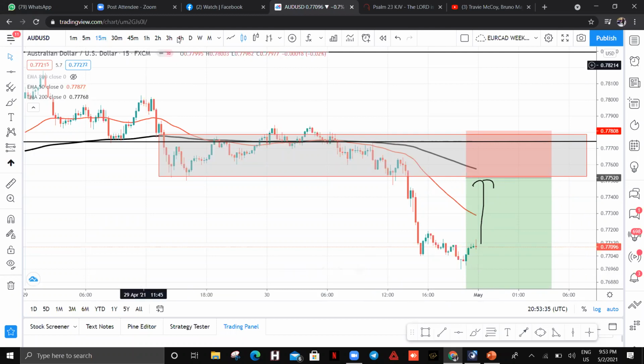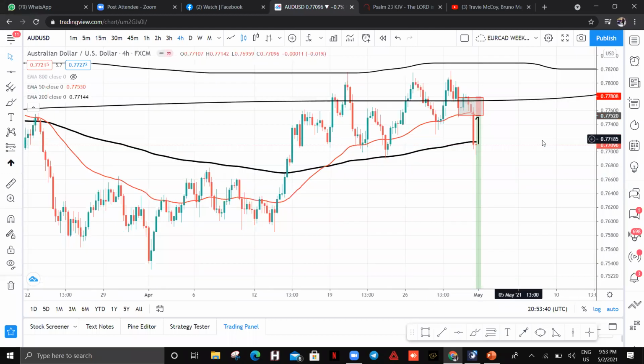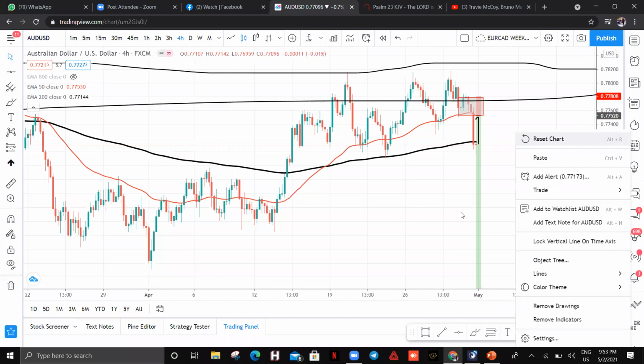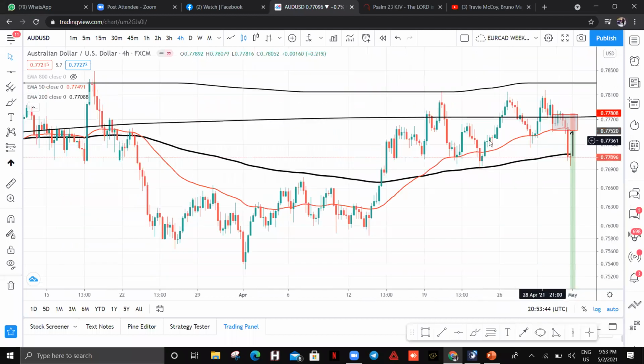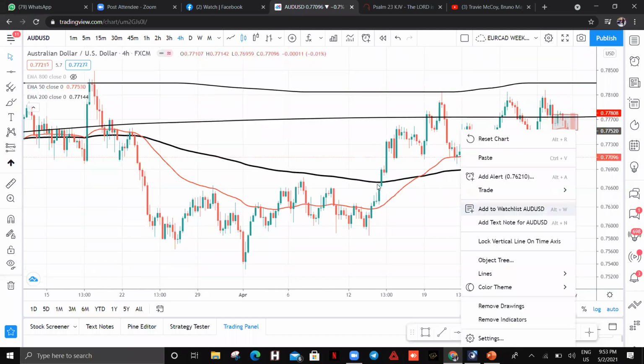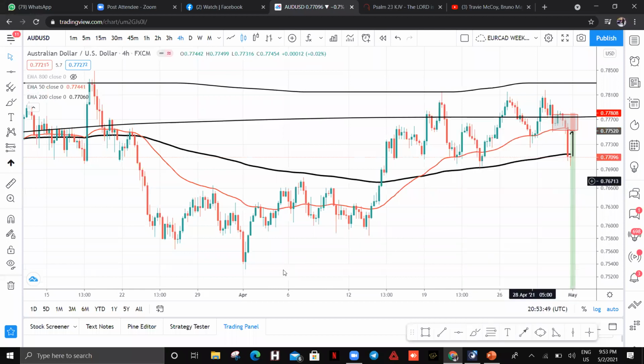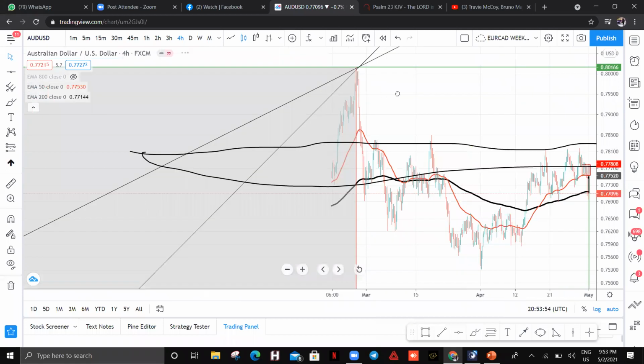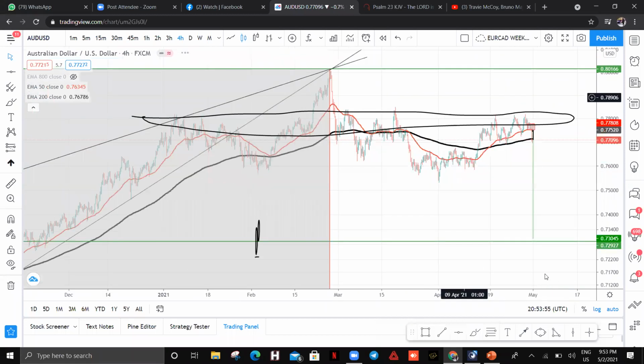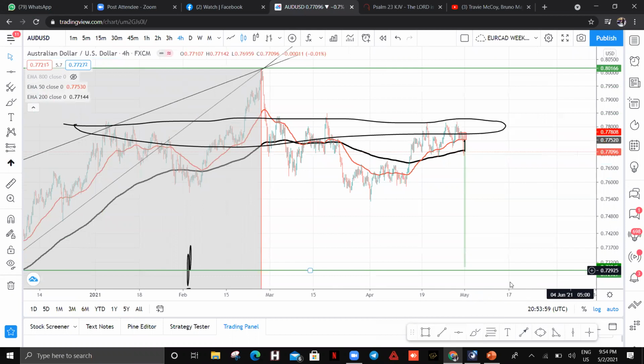Sorry, the next pivot level is about 73, which is very, very far.